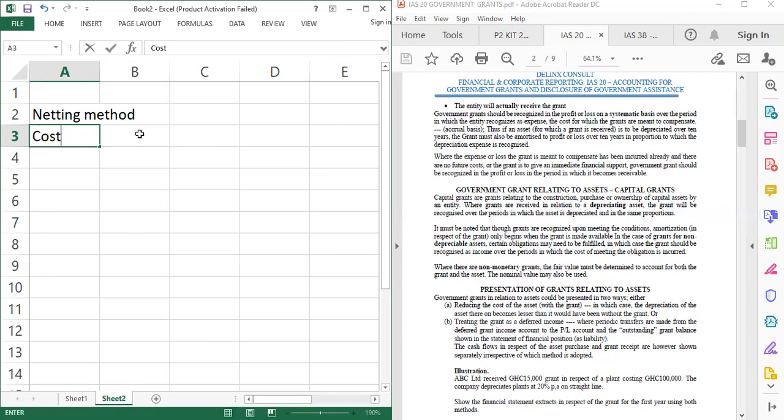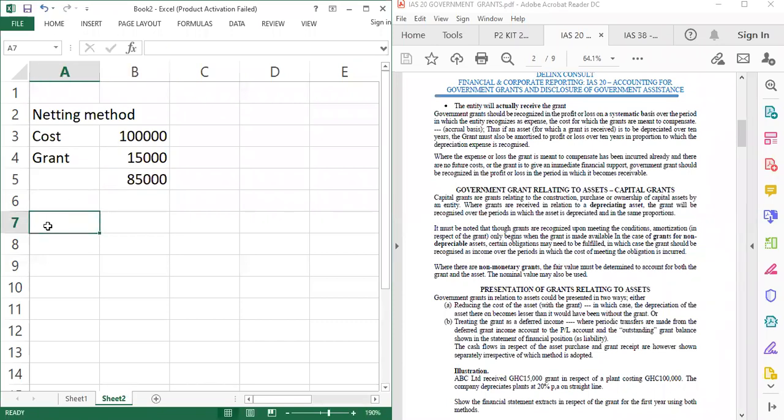What is the cost of the assets? 100,000. What is the grant? 15,000. So we subtract the grant from the cost. And what is the net amount that we are paying? 85,000. So this is now the value of the plants.